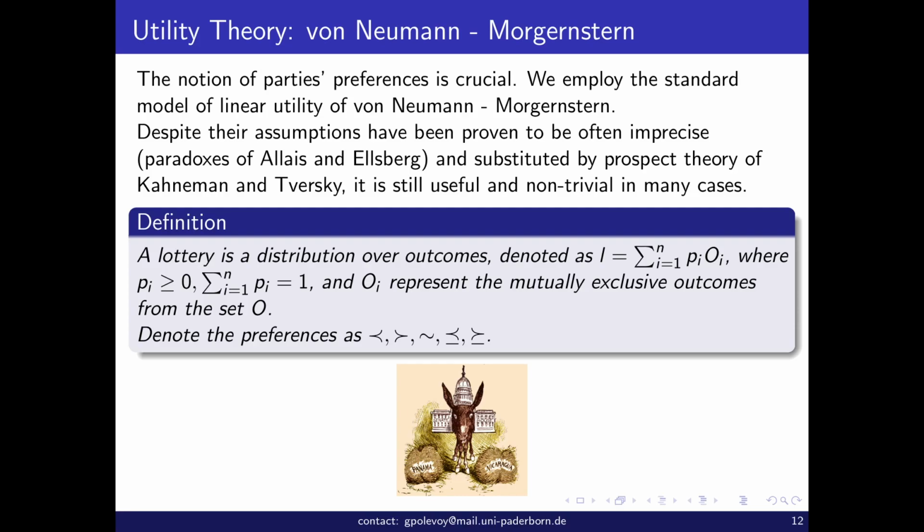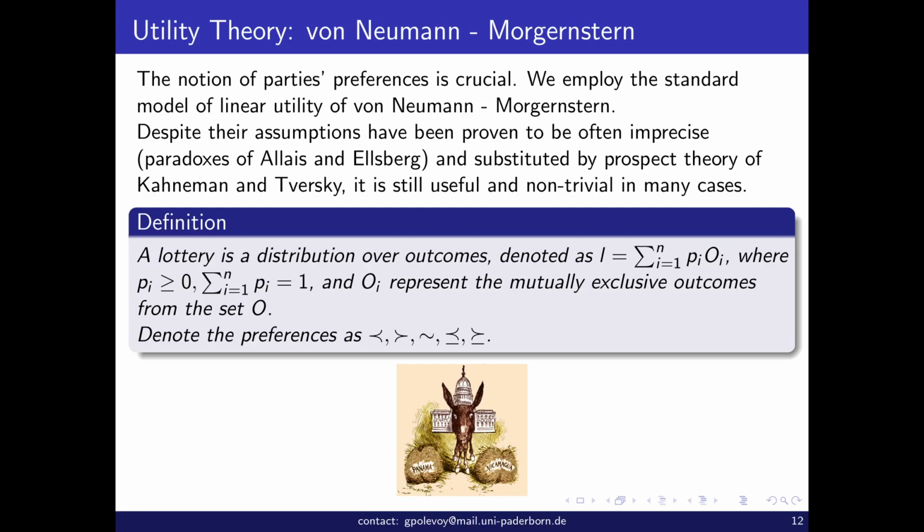You can even say it is a distribution over all outcomes, where simply some outcomes which don't appear get the weight of 0. And we also denote the preferences in this curly notation.